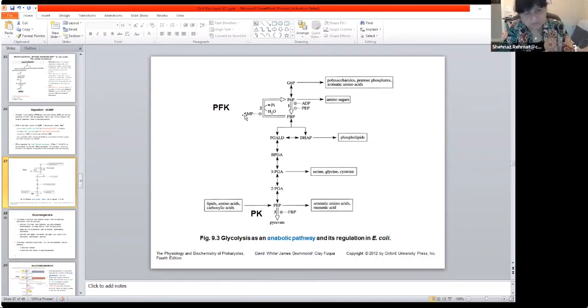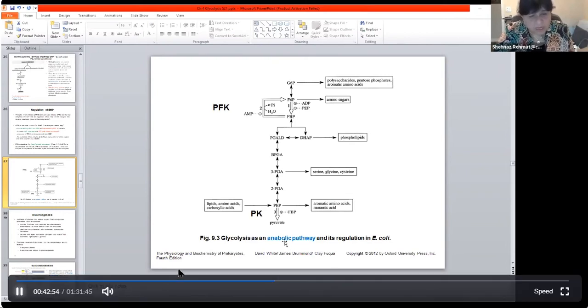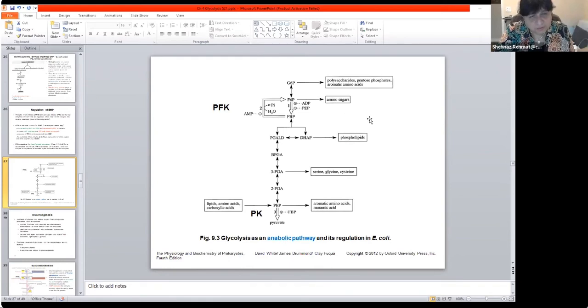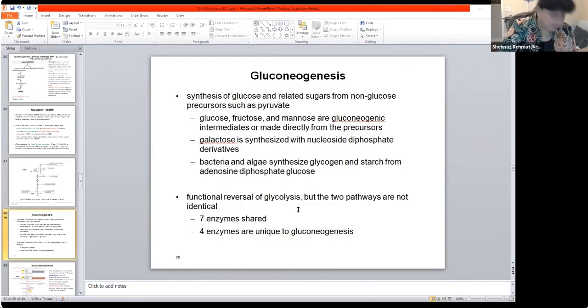So I've summarized what we had looked at and given you the lowdown on how glycolysis can be an anabolic pathway, because it generates all the intermediates that will be used for synthesis of some very important amino sugars, amino acids, and other compounds. And its regulation is shown: in the Embden-Meyerhof pathway, just those two enzymes are the most critical ones that will be regulated.